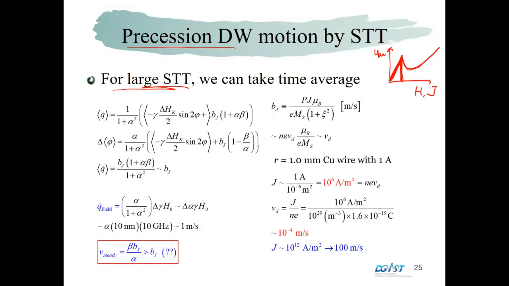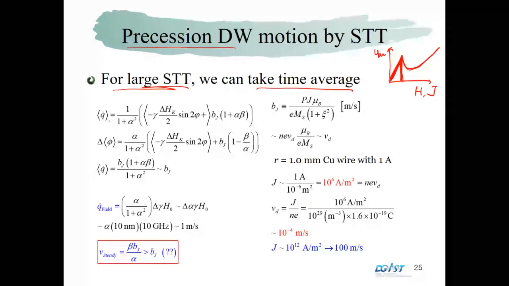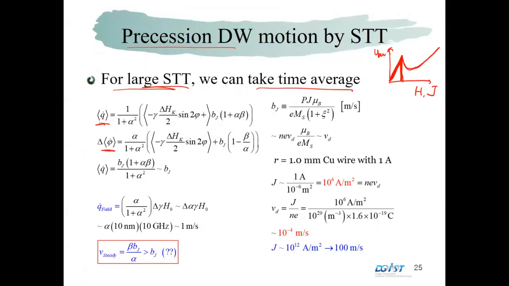Then we can take the time average again of Q dot and the time average of phi dot. And this term is going out by the time average. It's going to 0. And the remaining part is here.